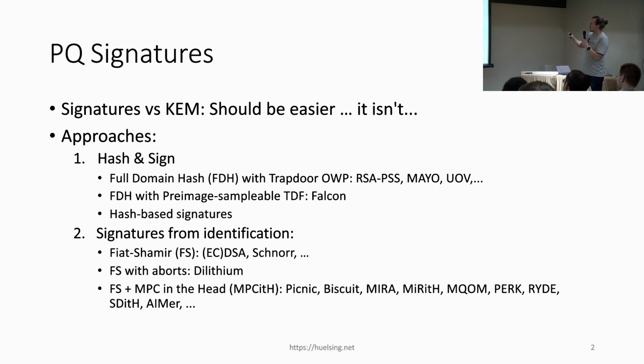So Falcon is using this. There you actually use something called a pre-image sampler of a trapdoor function. So it gets a bit more complicated, but the idea is the same. I have a function that I can invert on the hash function image, and this pre-image that I get from this trapdoor function actually becomes my signature.